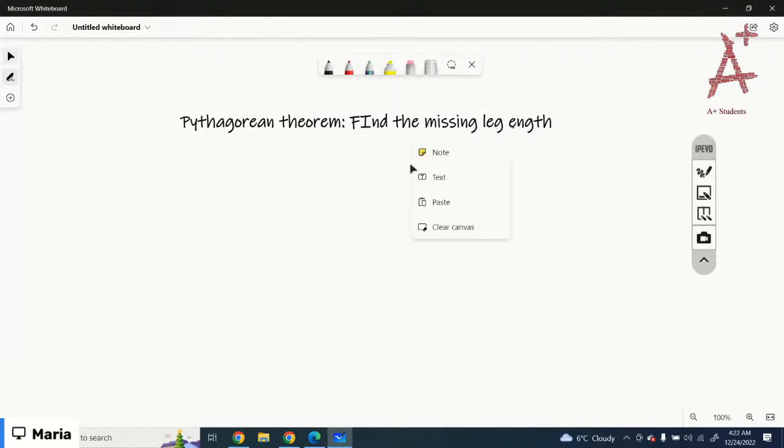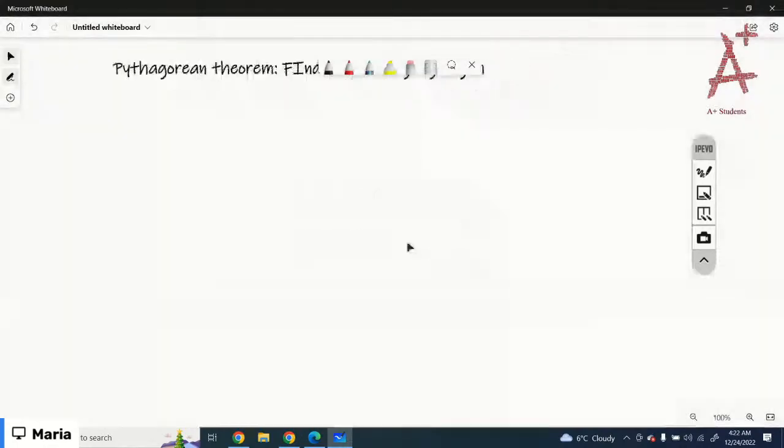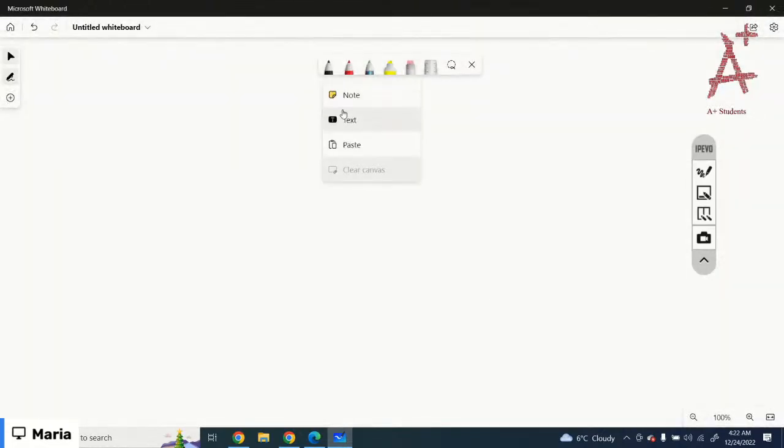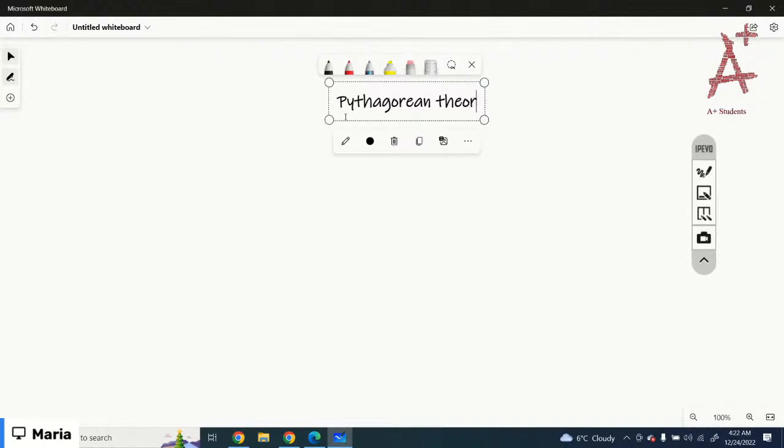Okay, let me just write down the lesson name. The lesson name is Pythagorean theorem, find the perimeter. Okay, let's start with the new lesson.